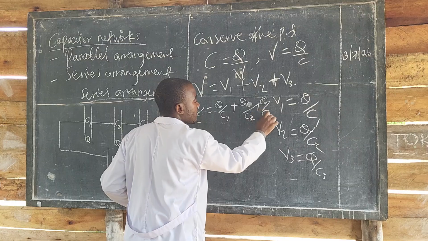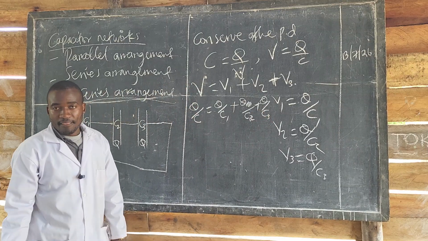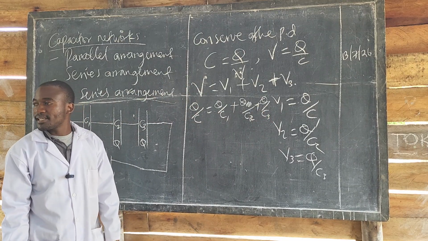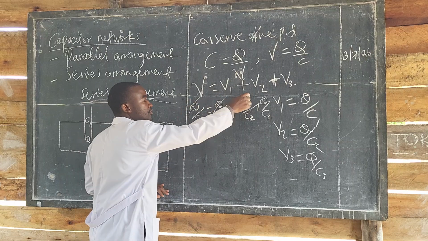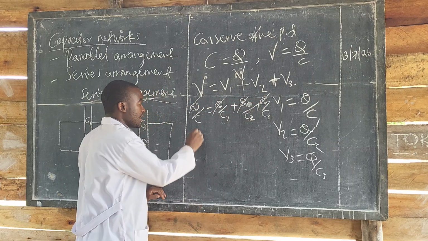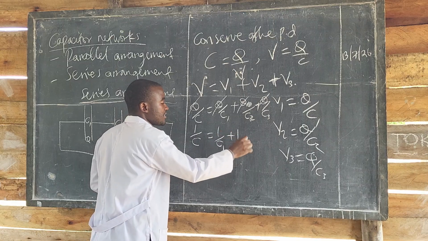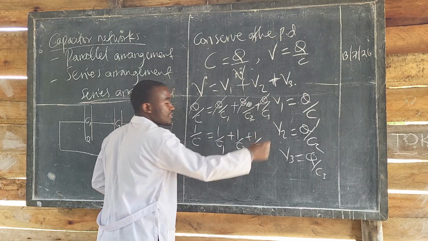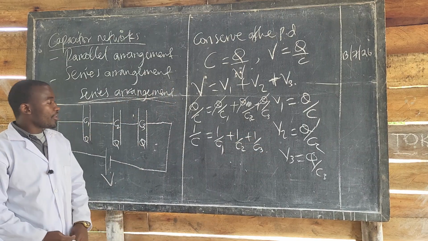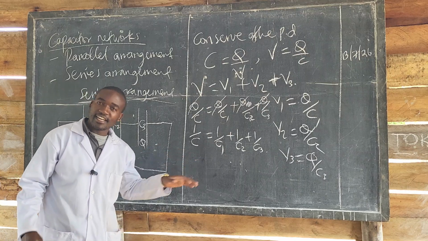Q over C3. I want you to convince yourselves mathematically that the charge will cancel throughout. So we shall have 1 over C equals 1 over C1 plus 1 over C2 plus 1 over C3.